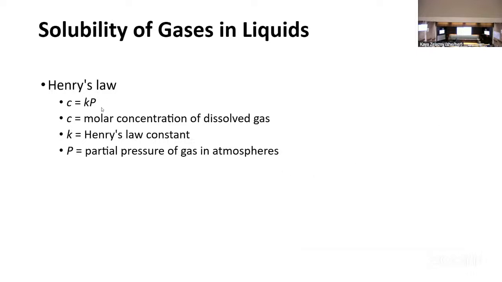What this says is that our molar concentration of the dissolved gas, that's C, so vaguely the amount of the gas that's dissolved in our liquid, is going to be equivalent to a constant, a constant for oxygen or a constant for carbon dioxide, times the partial pressure of that gas in the atmosphere. I'm not going to make you do these calculations, but conceptually, this is what's happening.